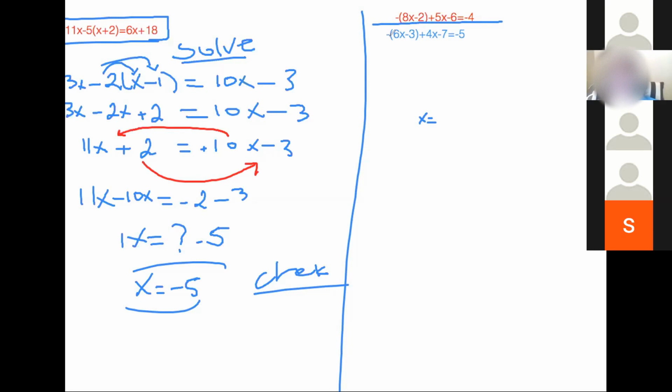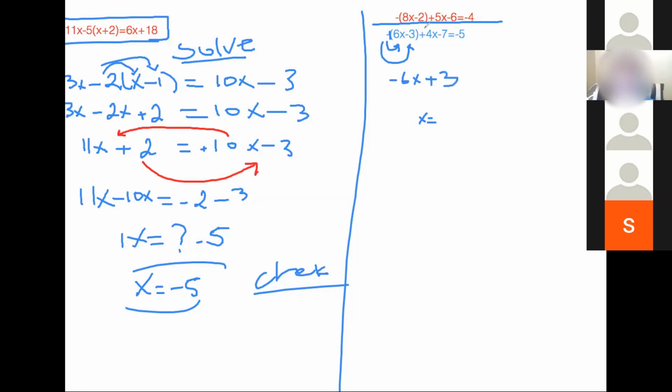Always look for the parentheses and distribute whatever you have. When you see a negative in front of parentheses, think of it as a -1. So we multiply -1 by 6, it would be -6x. Then you multiply the negative again by -3. -1 times negative 3 is positive, that would be +3.